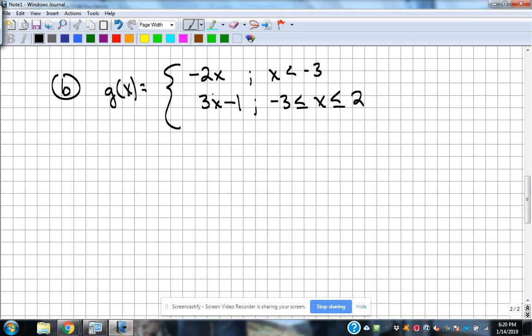And then let's do one more piece: negative x squared for x's that are greater than 2. So this one has 3 pieces to it. It's got a good bit going on.